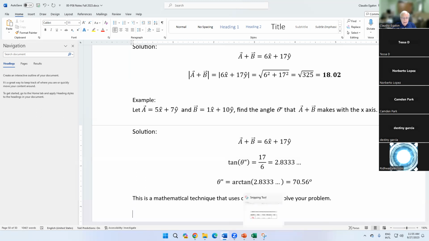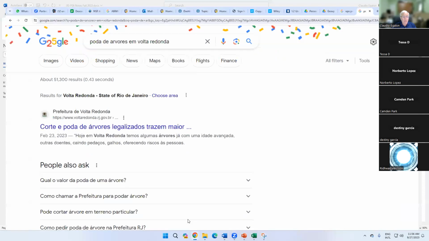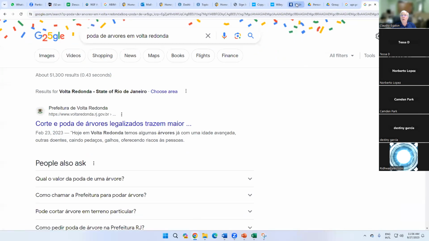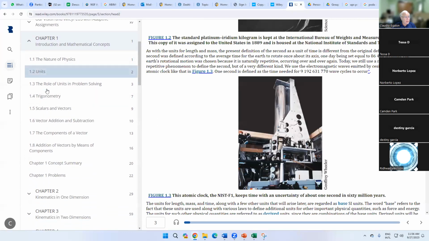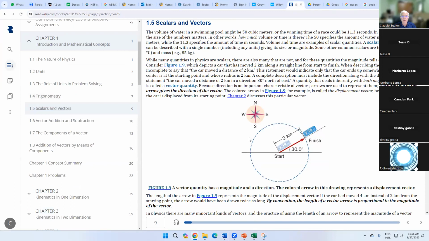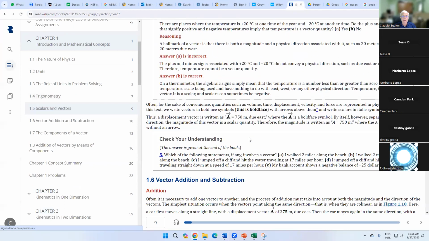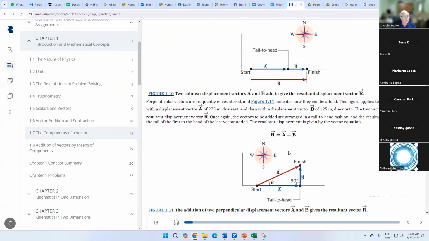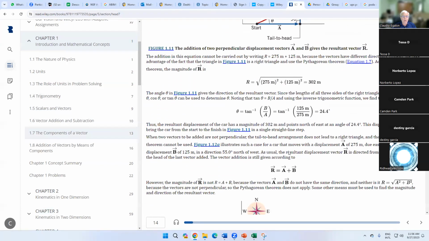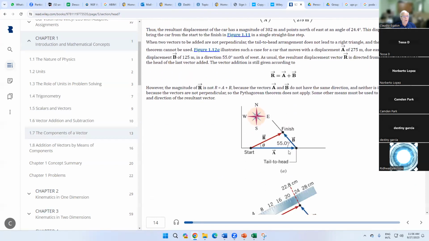Okay. Let's take a look at what we have covered so far in the book on this subject. Chapter 1, scalars and vectors. Vector addition, subtraction. We did that. And then components of vectors.